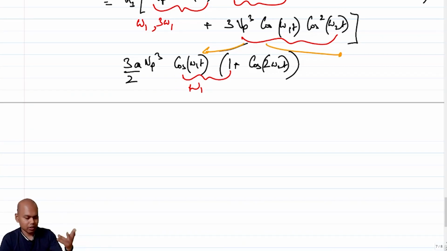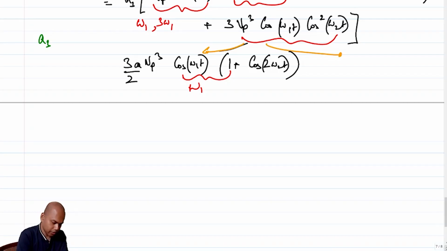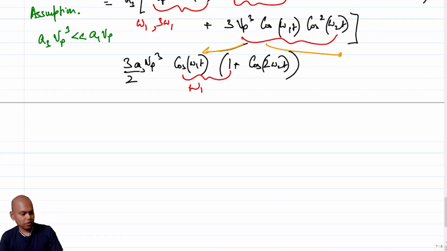I will assume it to be small, so let me also write down the assumptions. The assumption is a3 Vp cube is much less than a1 Vp, right? So this is the assumption. If this is not true in the first place, which means your circuit is so nonlinear, there is no point.